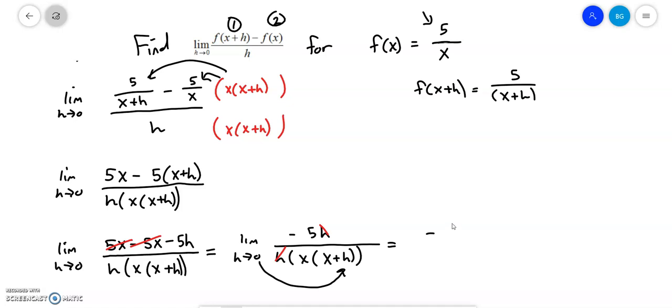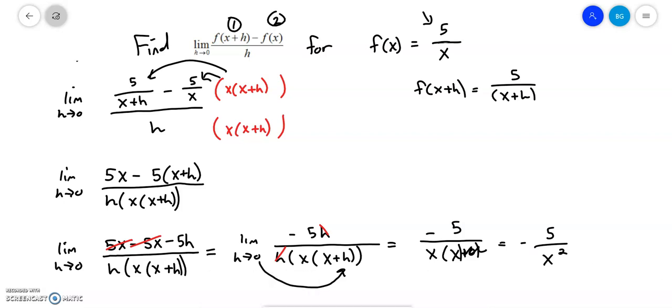I'm just going to get negative 5 over x plus 0 if I plug in 0 for h, which of course is just negative 5 over x times x, which is just negative 5 over x squared. So again, we get an algebraic expression, not a numerical value, but that's okay. Again, just want to emphasize that it's typical of difference quotients. Don't let that alarm you.